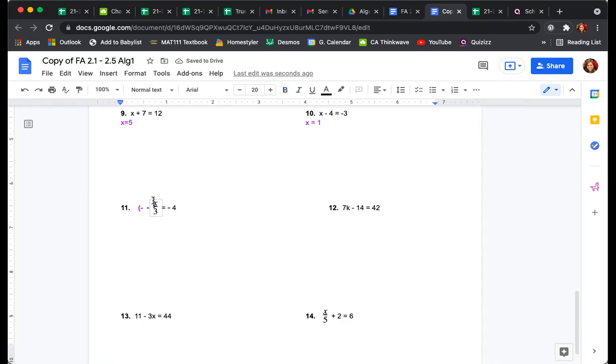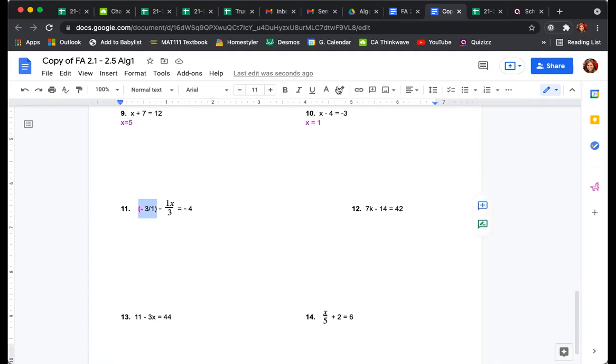Remember, there's a 1 sitting in front of that x. I want to leave the variable there, but I want everything else gone. So the reciprocal of 1/3 is what needs to happen here. The reciprocal of 1/3 would be 3 over 1. And don't forget your negative. The reciprocal of negative 1/3 would be negative 3 over 1.